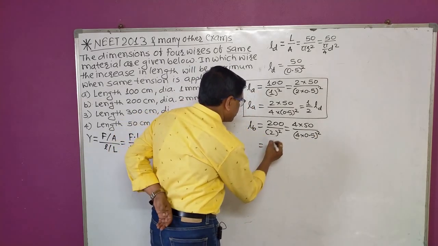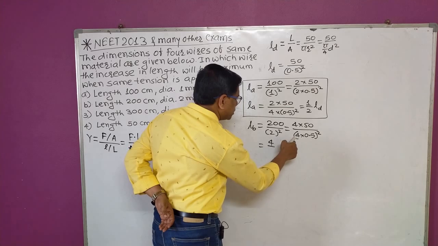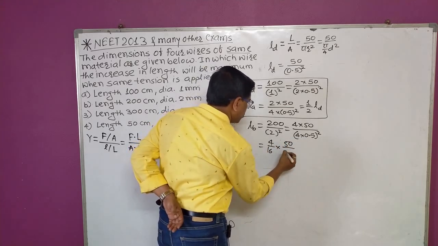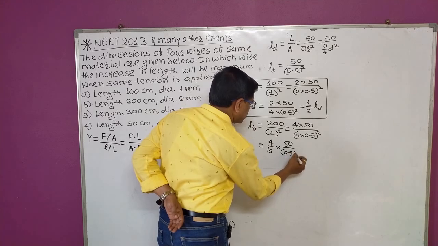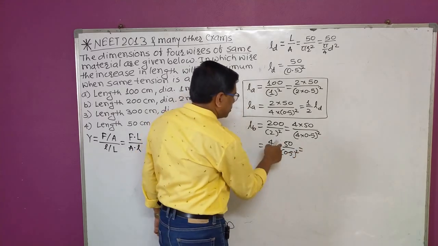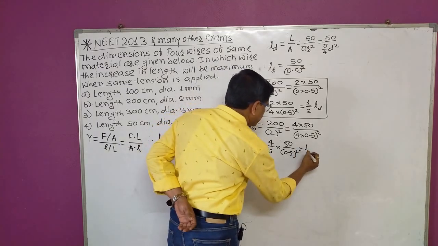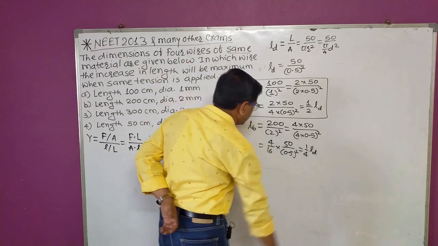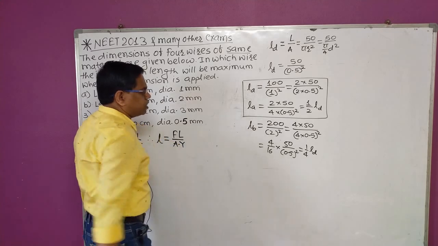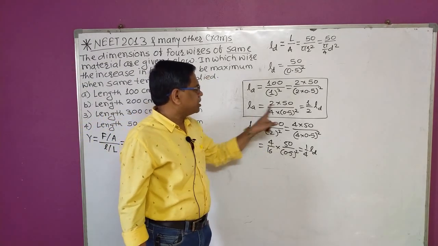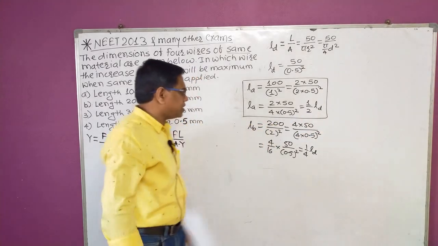So this is 4 upon 16 into 50 upon 0.5 square, and 50 upon 0.5 square is LD. This 4 upon 16 is 1 by 4 into LD. So you can see that the elongation in B is less than the elongation in D. Similarly, the elongation in A is less than the elongation in D.